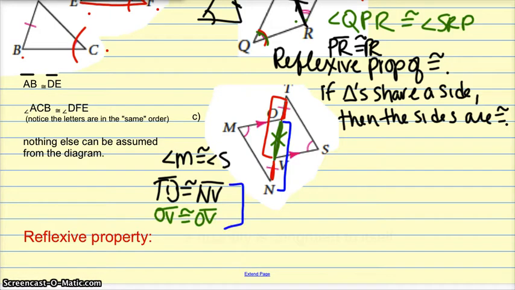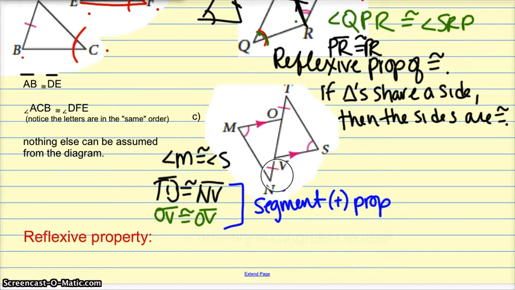So really, using the segment addition property, we can conclude that the whole side length of this, I'm going to color this triangle in blue, that this triangle here in blue, that this red side, TV, is really congruent to, I'm going to mark this triangle in green, this black side right here, which is ON.